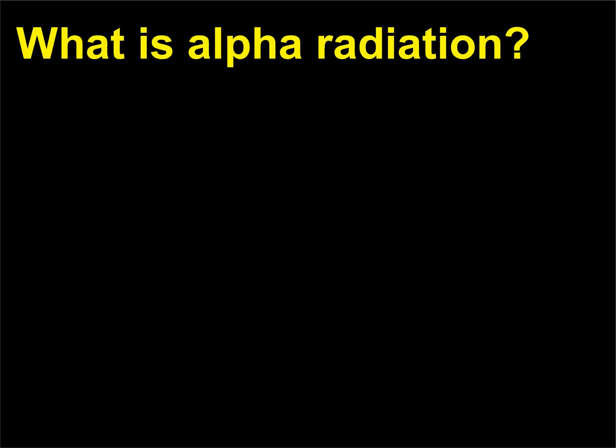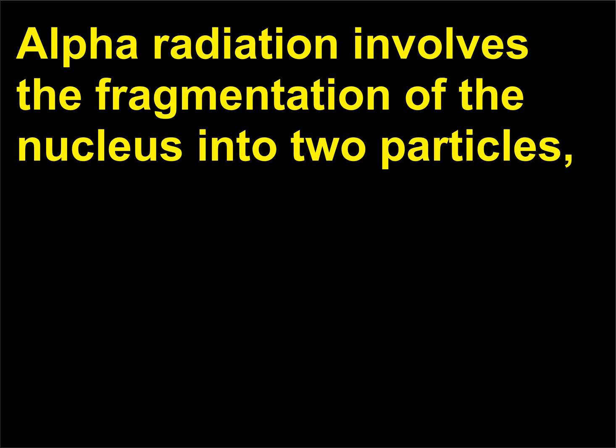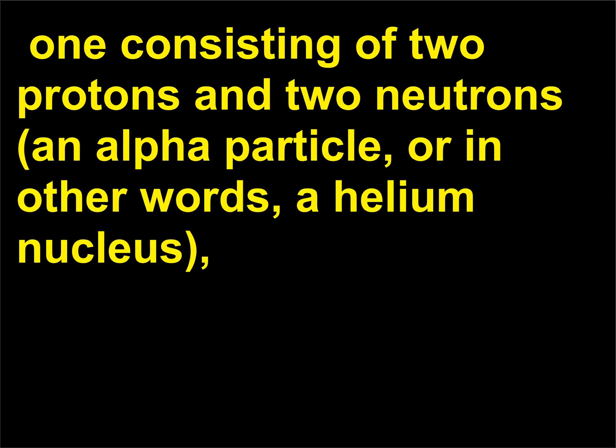What is alpha radiation? Alpha radiation involves the fragmentation of the nucleus into two particles. One consisting of two protons and two neutrons, an alpha particle, or in other words, a helium nucleus.